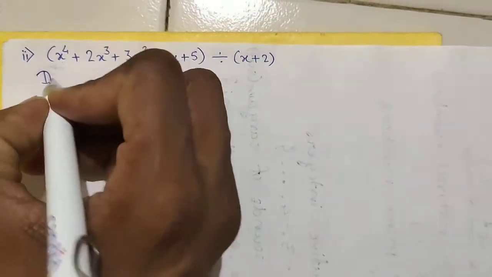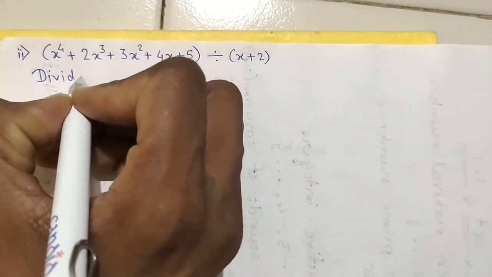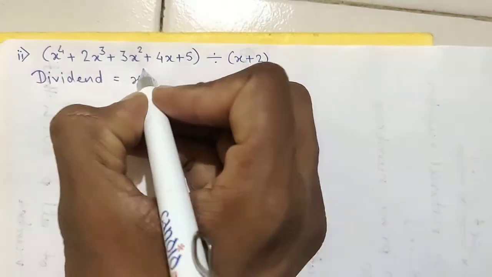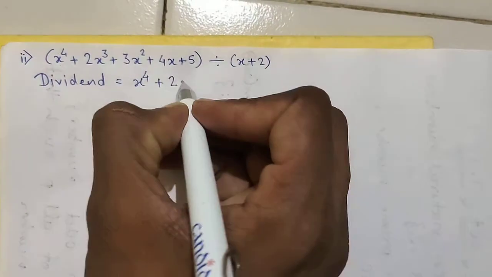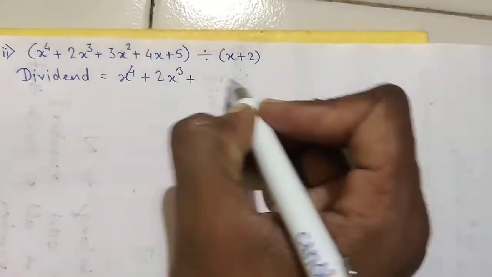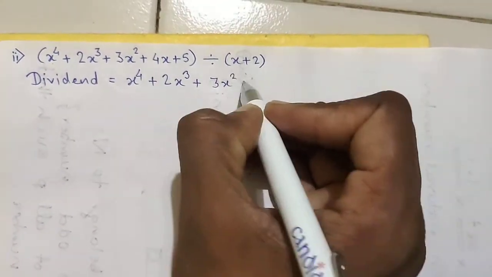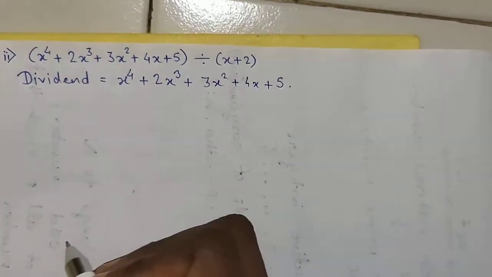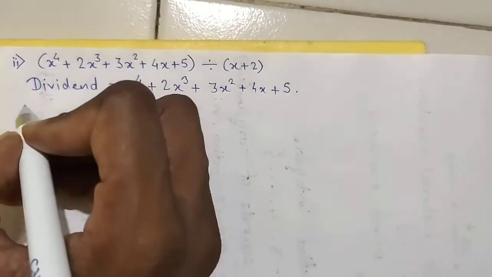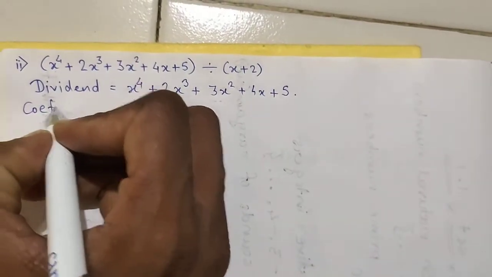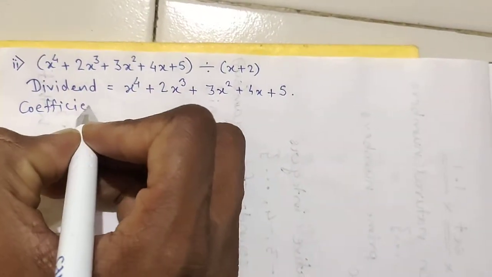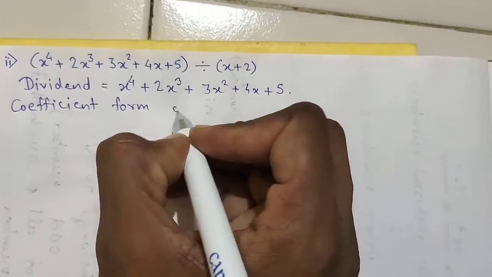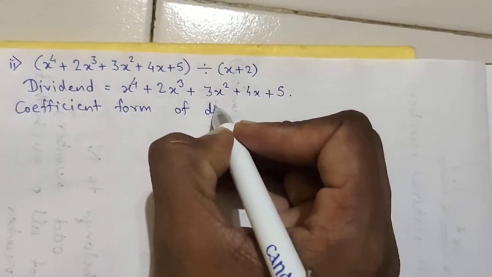First we are going to write what our dividend is. Your dividend is x power 4, 2x cube, 3x square, 4x plus 5. Now we are going to write the coefficient form of this dividend.